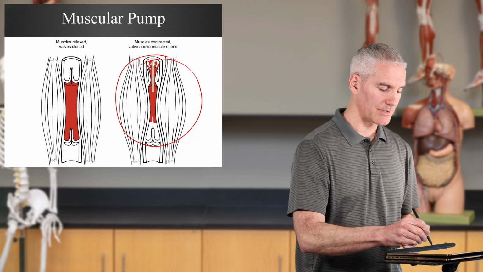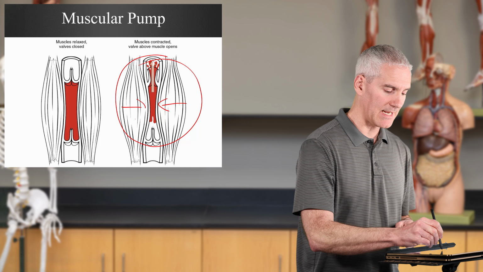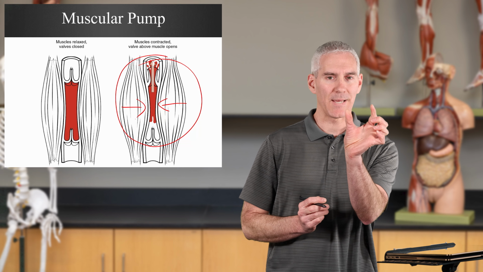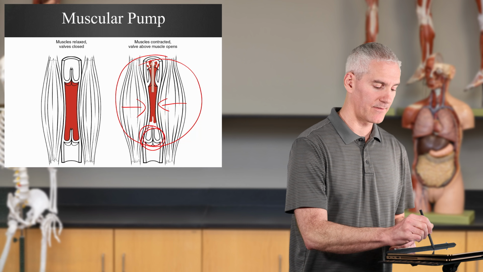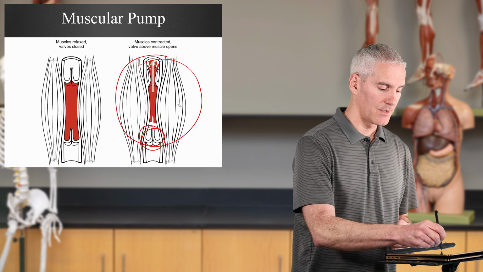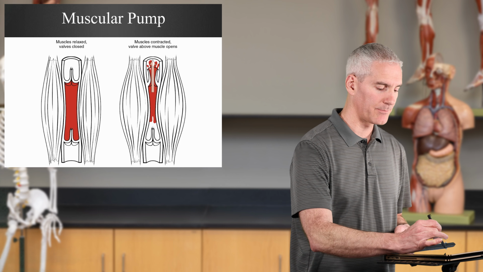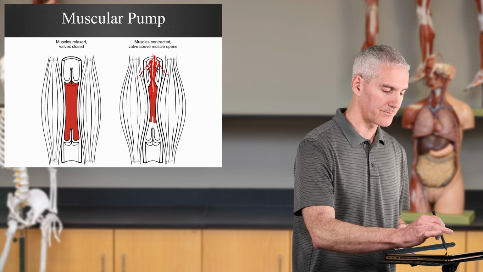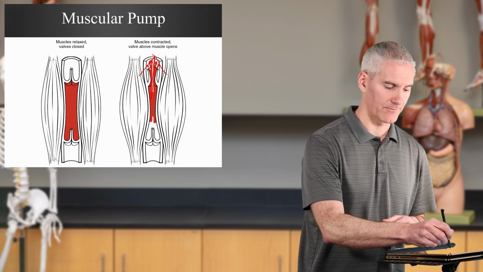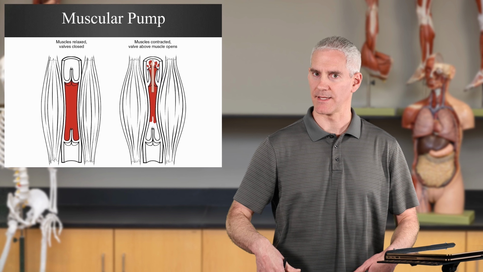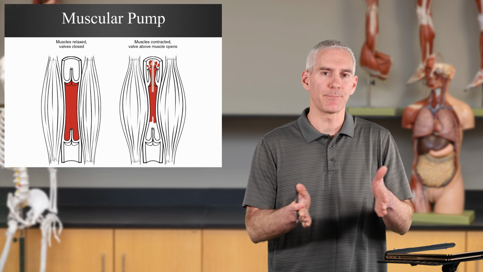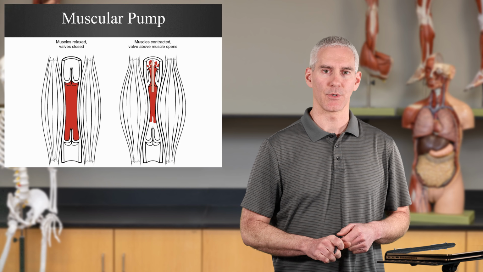So in this case, you'll see that both pushed inwards, pinching that vein. Well, the blood can't go down because of that valve. So instead, what happens is the blood can only go up through the open valve. So this muscular pump, mostly in the arms and legs, the limbs, is helping to push blood up through the veins.